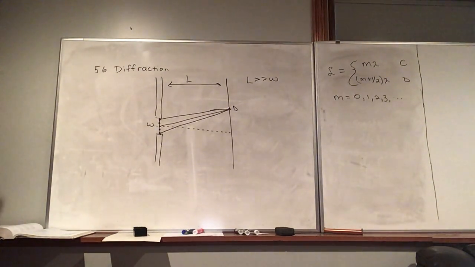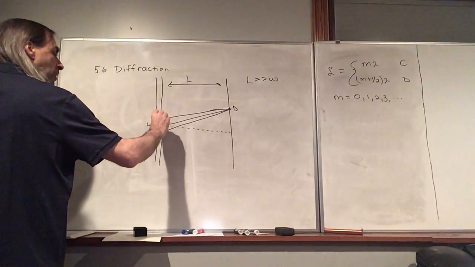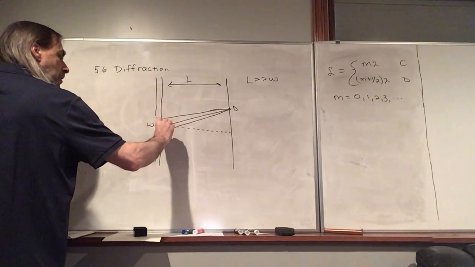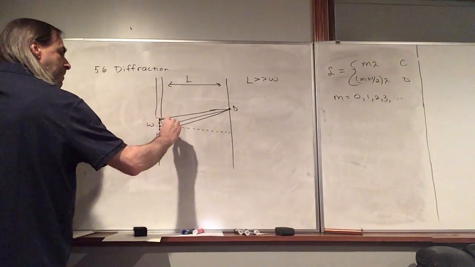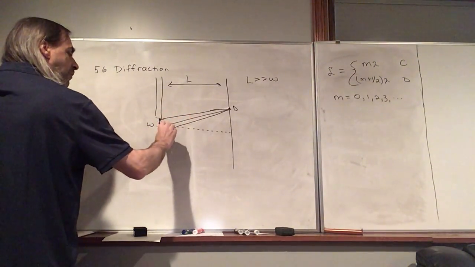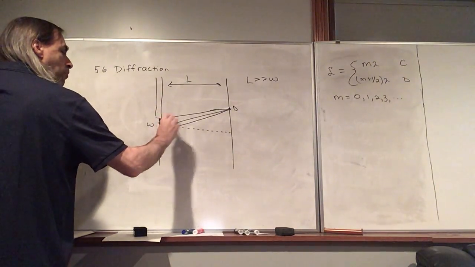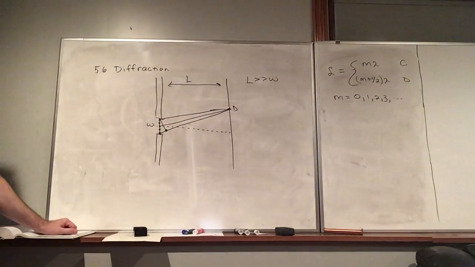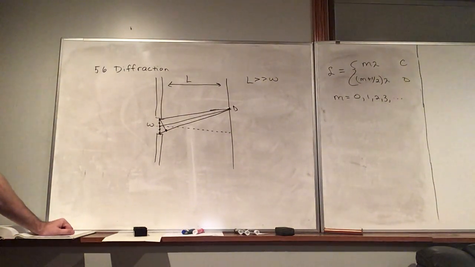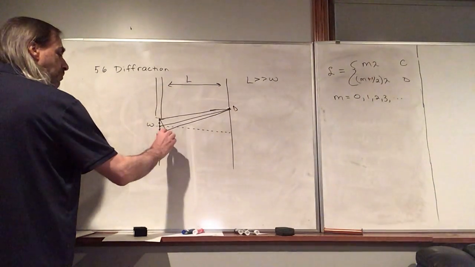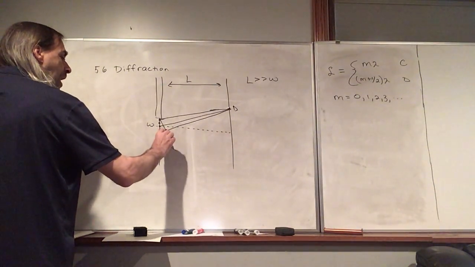So let's draw a line here so that these two points, top and bottom, are the same distance from point D, that point on the screen I label D for destructive interference. And then I'll explain why that's the case.